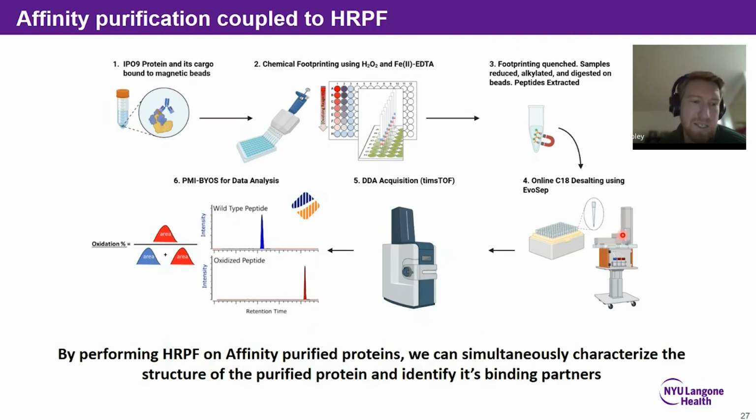So it speeds up the workflow a little bit. It prevents cleaning, drying down, reconstitution, and stuff like that. And we're using Byonic to do our analysis. Again, we're going to look at the oxidation area over the total area of the oxidized and unoxidized peptide.